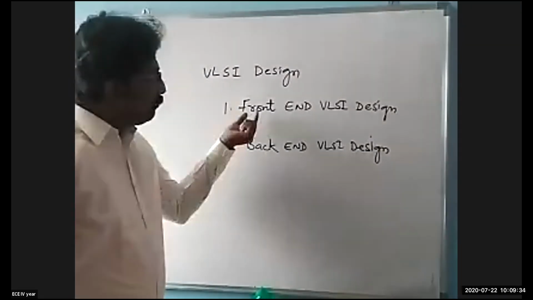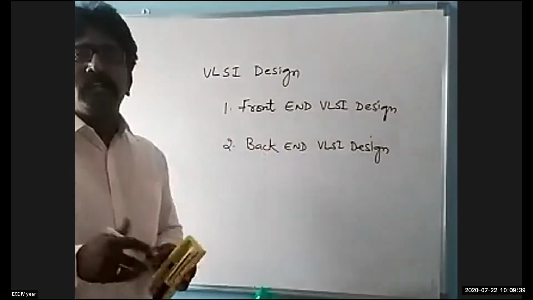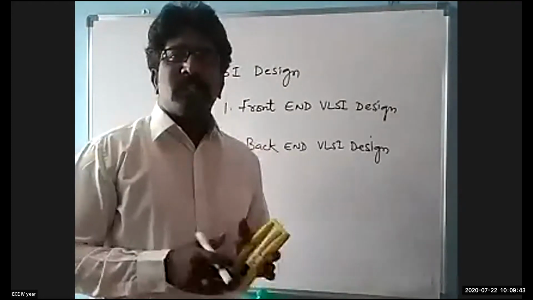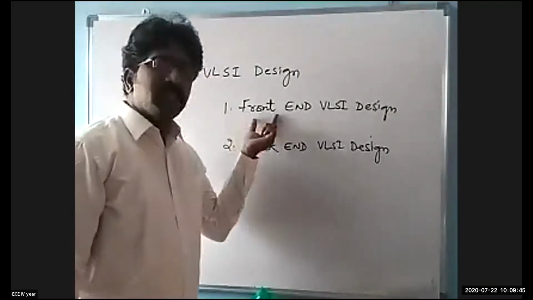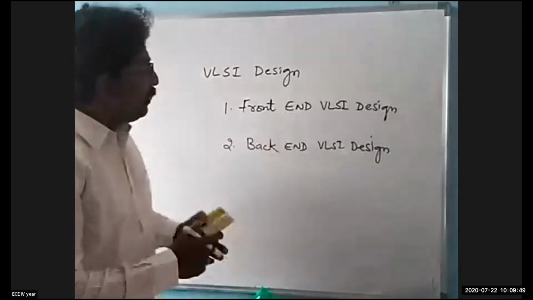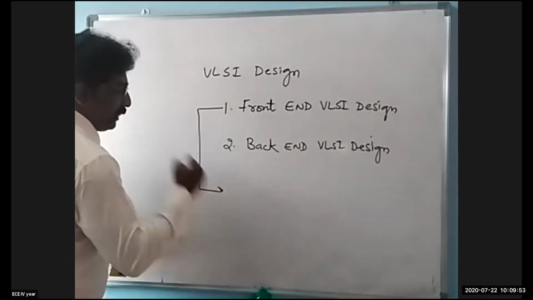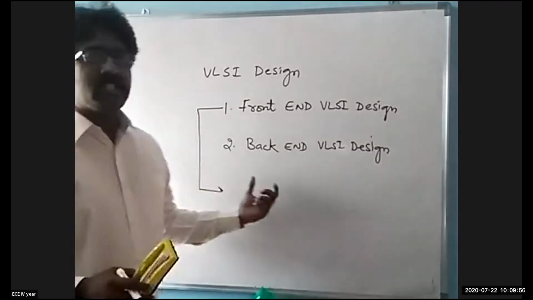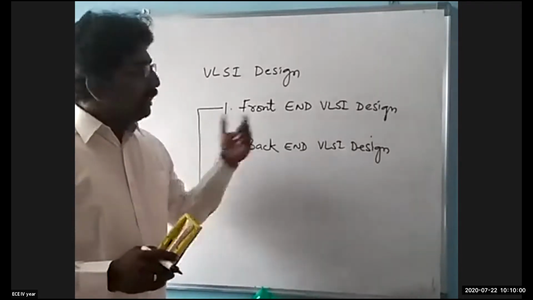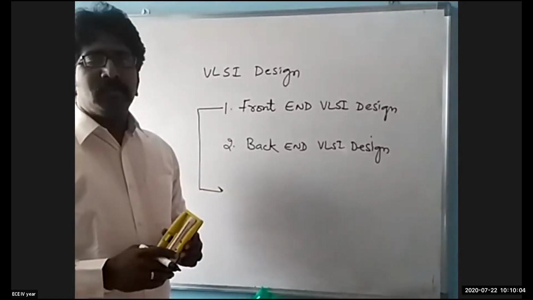Front-end VLSI design is basically regarding the designing and testing of the VLSI circuits. For the front-end design, mostly we'll be using scripting or programming languages. In VLSI, there are nearly 4 to 5 different kinds of scripting languages.